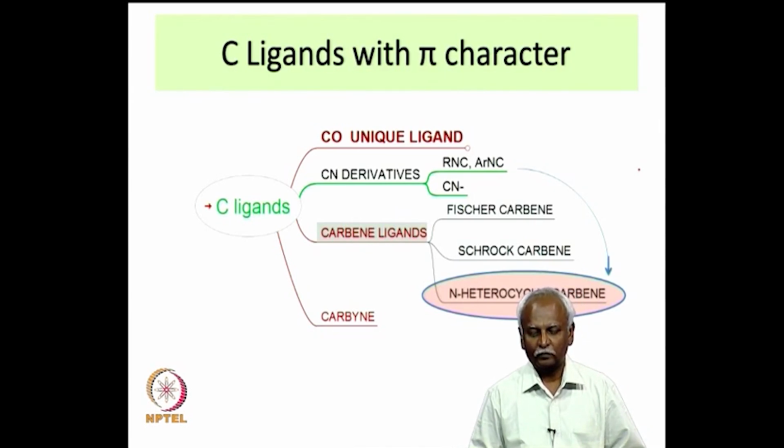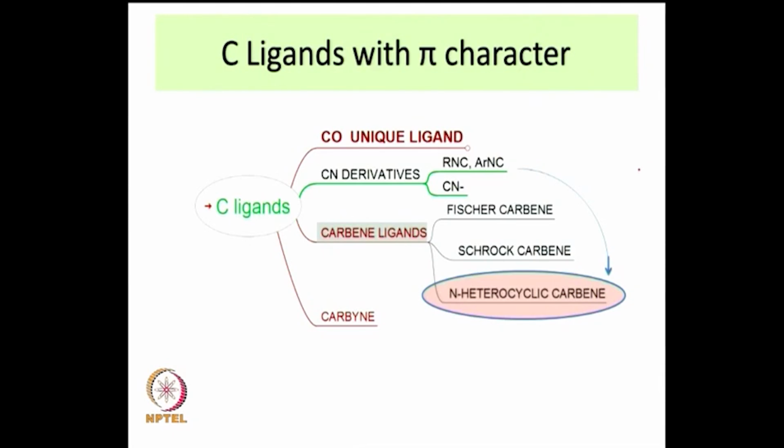So, you have isocyanides, which are CN derivatives, and these isocyanides can be converted into Fischer carbenes, which are in turn related to N heterocyclic carbenes, the nucleophilic heterocyclic carbene which we discussed in the previous lecture, where the carbene is in fact stabilized by resonance from electron donation, which is coming from the heterocyclic atom.